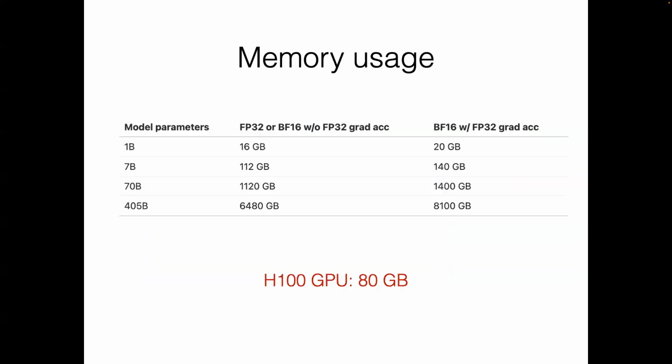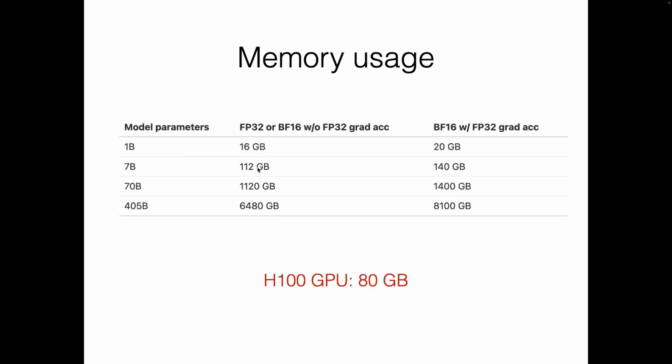Then if we look at the memory, and this is not accounting for the activations, but if we just look at everything else, here we have models of different sizes from 1 billion to 400 billion. And then here are 2 different settings for choosing the precisions. You don't really have to worry about the details for the slide, but it's just showing you how the memory grows.